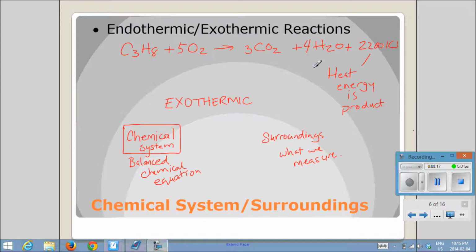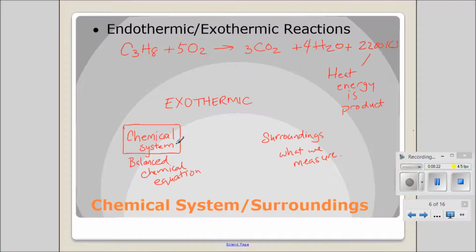It's turned into this energy that's released as a product. So our chemical system loses energy to the surroundings. And what we feel if our hand is on this is that it's hot, because energy is being released from the chemical system and is going to our hands.